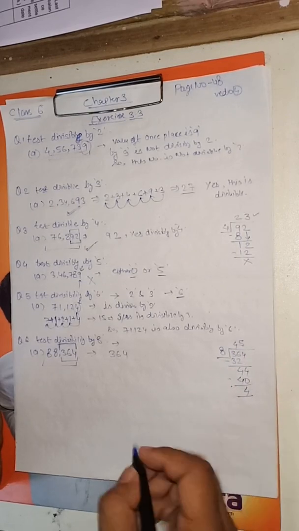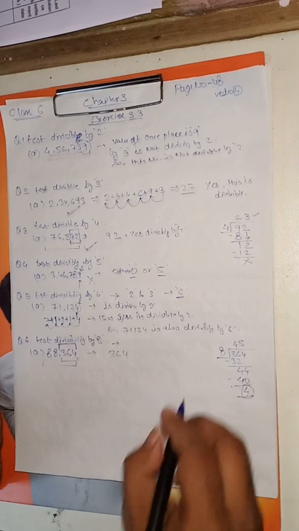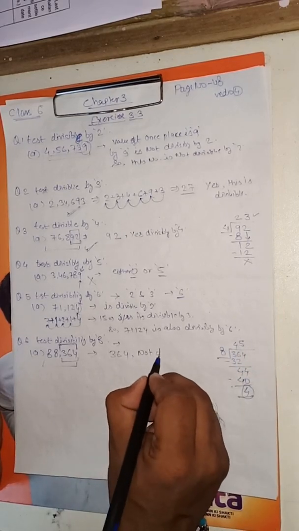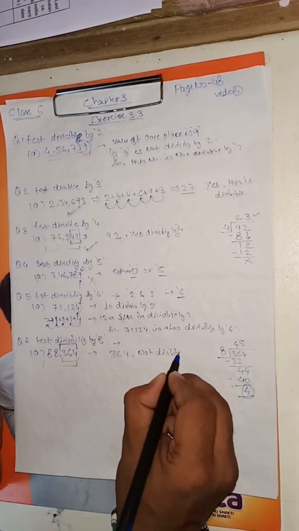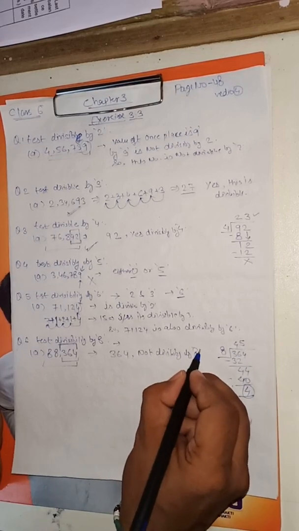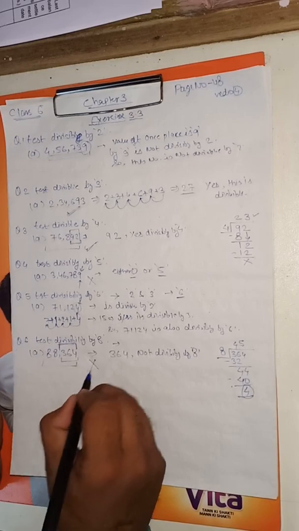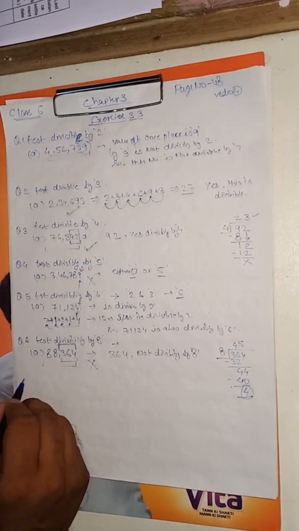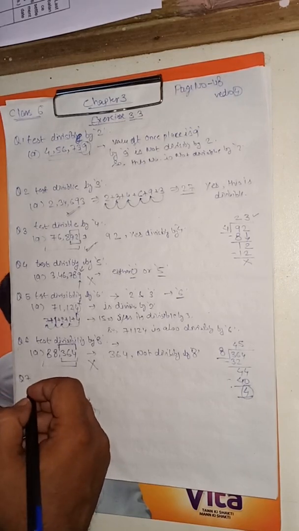No. So here we have remainder 4. So this number is not divisible by 8. Okay. Now our question number 7.